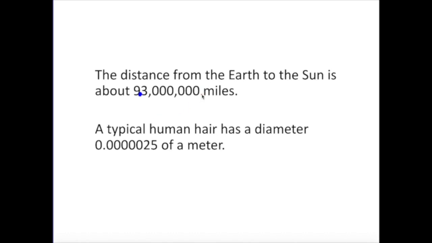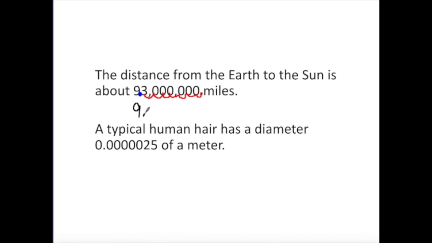And we do that by looking at how many times we divided by 10 or moved the decimal. So 1, 2, 3, 4, 5, 6, 7. So 7 times we moved the decimal. So going back to our definition, the definition of scientific notation is the product of a number between 1 and 10.